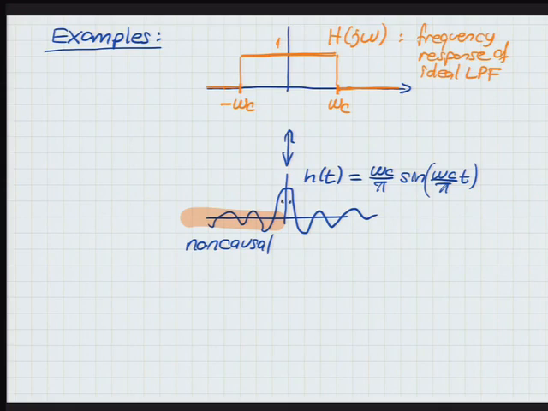The tentacles. Anyway, what I can do is just zero out anything that comes after this, right? Just eliminate those. And there doesn't seem to be too much meat on those edges. And then that's a finite duration h(t), still not causal. So that's just truncation. And then I can shift it to the right by this amount.